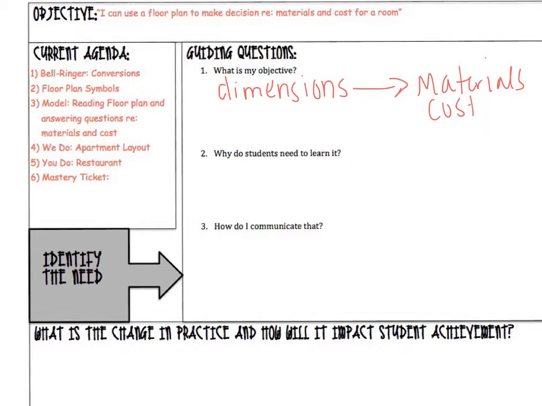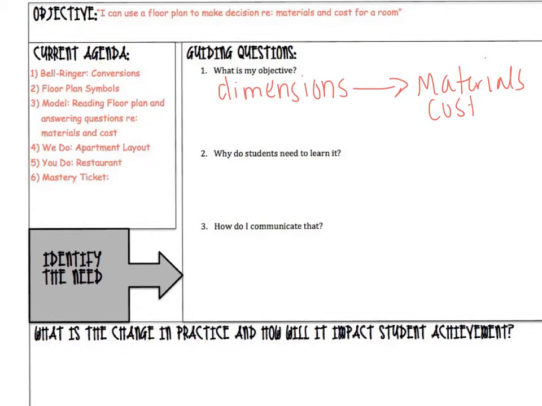Okay, so stepping out, what did I do? Well, I identified the different things that my objective has embedded in it. And the reason that I did that is because I want to make sure that when I'm identifying the need, I include those components in the development of the need.